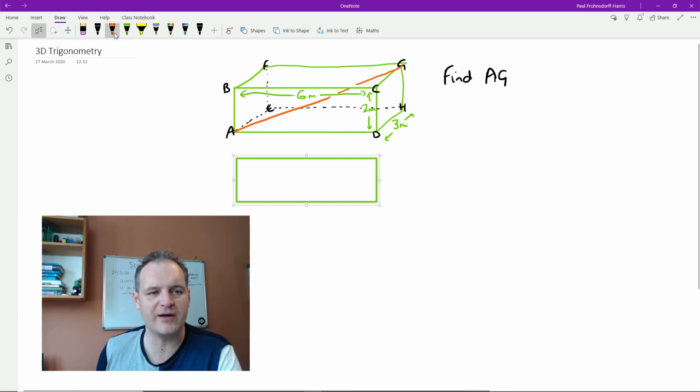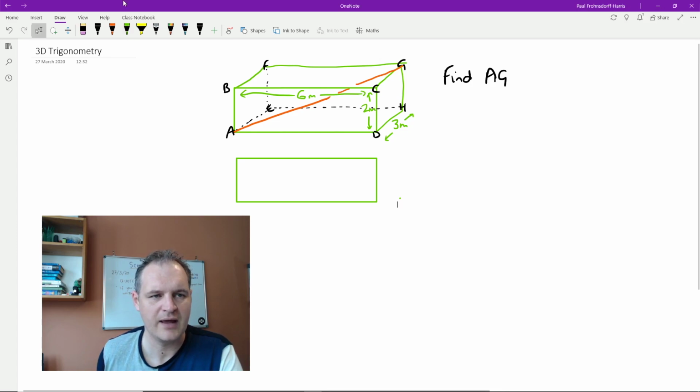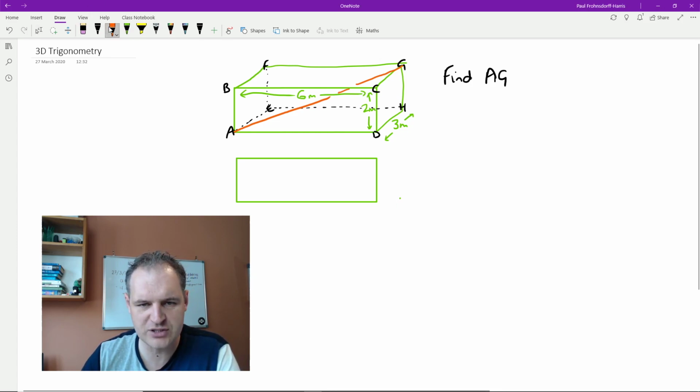That orange line there, and we can't see anything behind it. If we look above, we've got this shape going on, and we're only aware of the 6 and the 3.